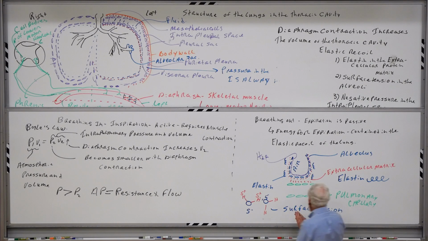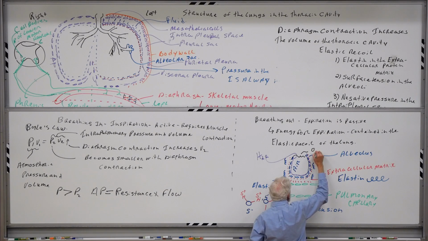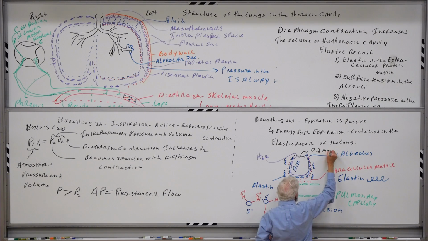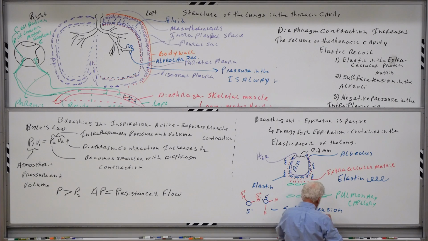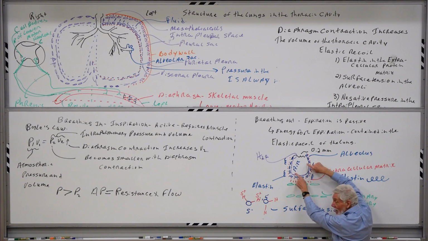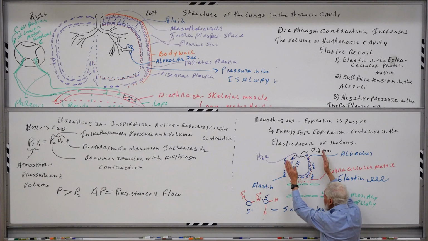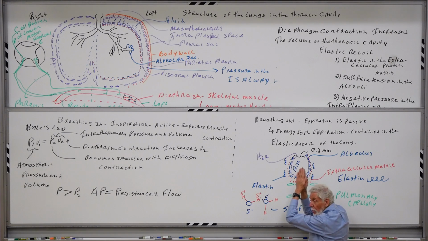And under normal circumstances, where the diameter of this air sac is in the neighborhood of about 0.2 millimeters, about 200 micrometers, the apical surfaces of these epithelial cells are close enough to one another that this surface tension actually will bring these cells together and basically stick them together.